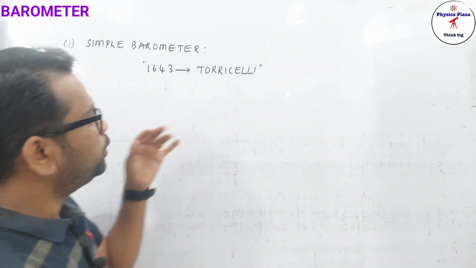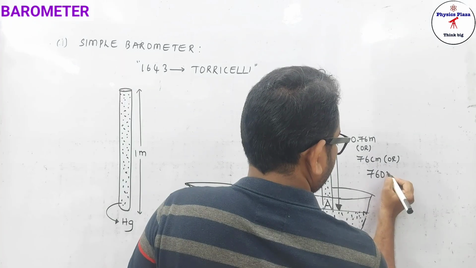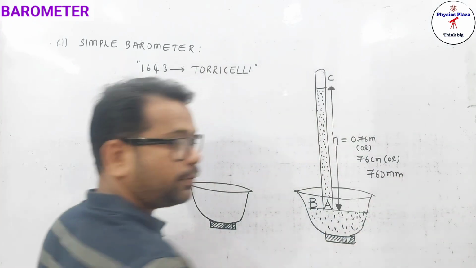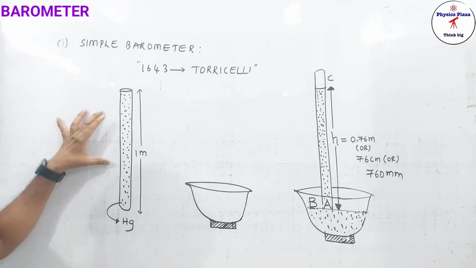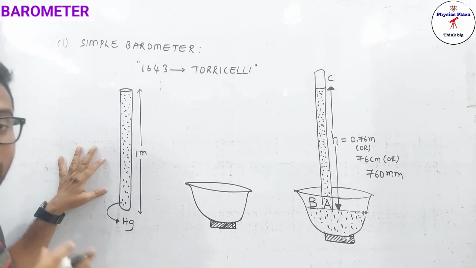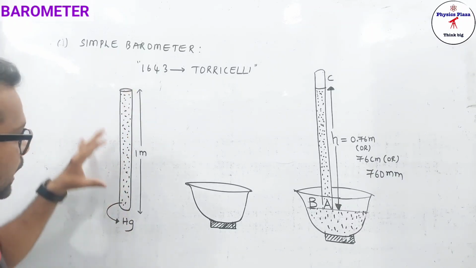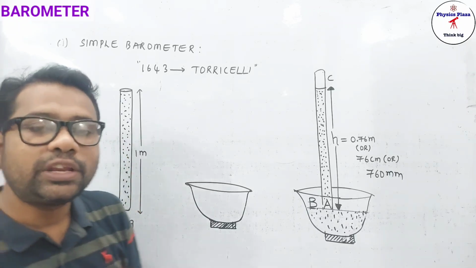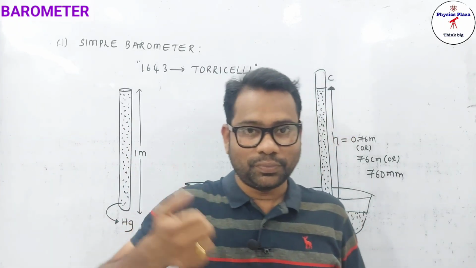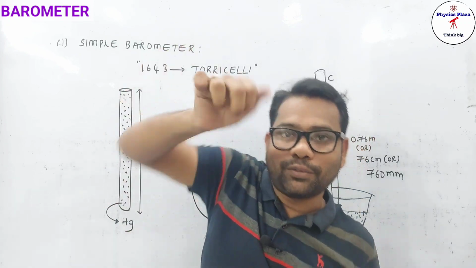As shown here, the simple barometer consists of a 1 meter length glass tube, closed on one side and open on the other. Initially, let us fill it completely with mercury, and after filling, we have to shake it, and even by closing it with the thumb you can move it up and down.